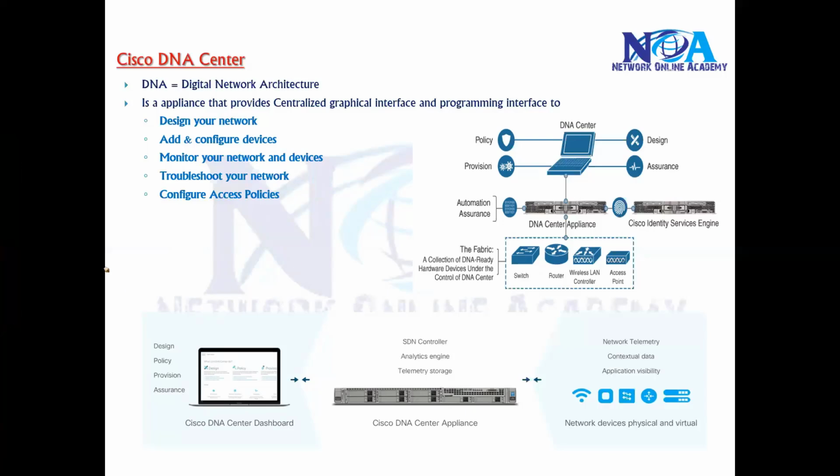And one more thing I can add: DNA Center supports something called the path trace option. With the help of path trace, let's say you have your network something like this, and the user on PC1, sitting here, is unable to access the server on the other side. What you can do is visualize the packet flow.